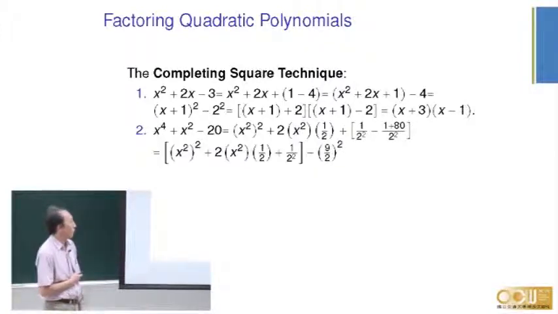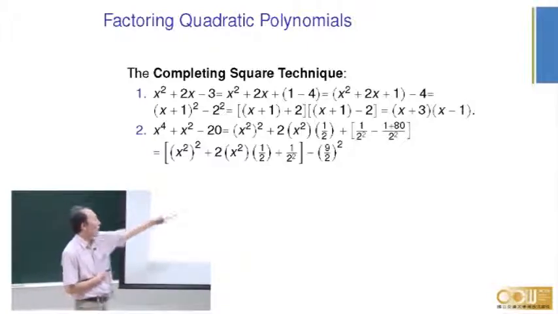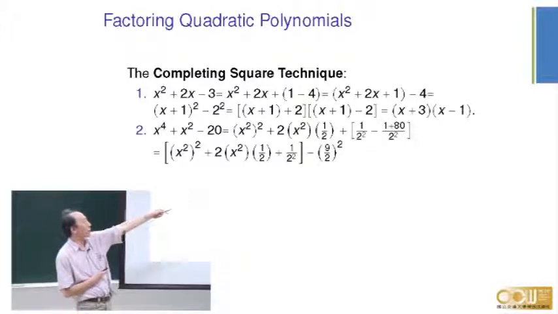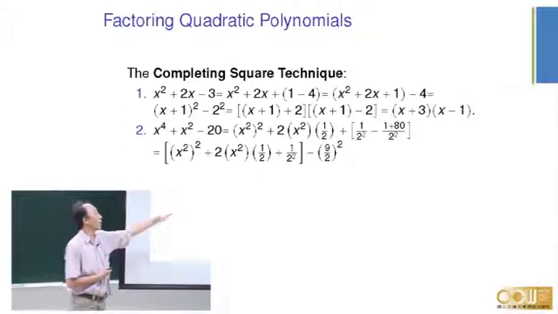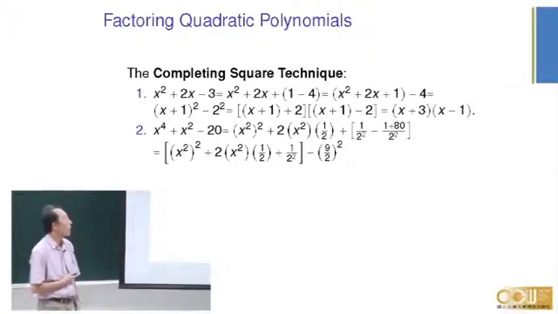Okay, next I'm going to use the associative laws to put the parentheses together, and which is this. And remember that the last one is 1 plus 80 is 81, and 81 is 9 squared. So I'm putting the scalar term over there, and here is a perfect square quantity, so which is this.